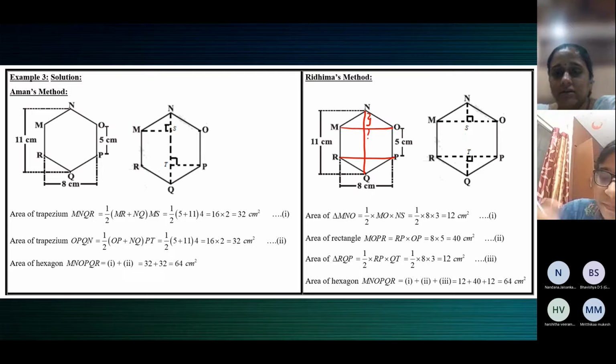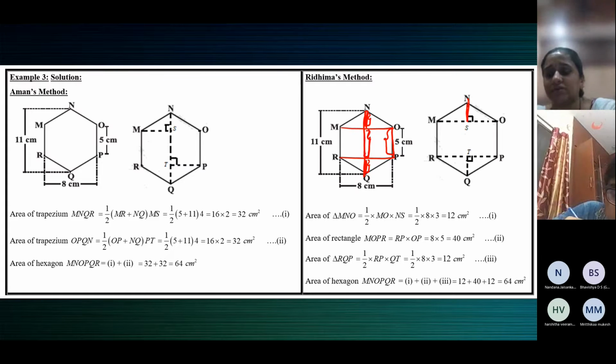Each side of the hexagon is 5, so since this is 5, this is also 5. Now 11 minus 5 is 6, so it will be 3 here and 3 here, which means NS is equal to 3 centimeters.